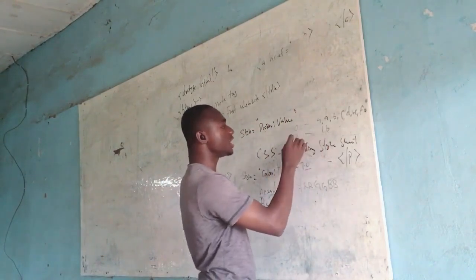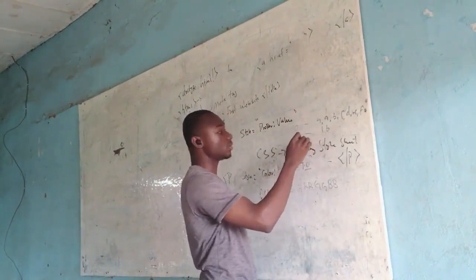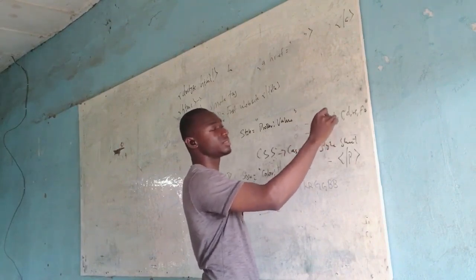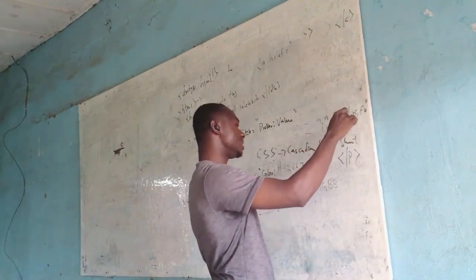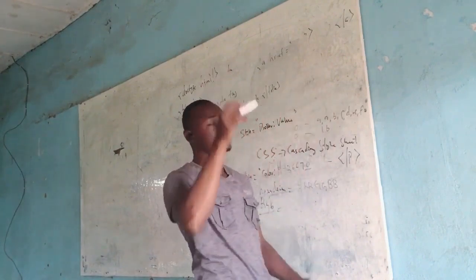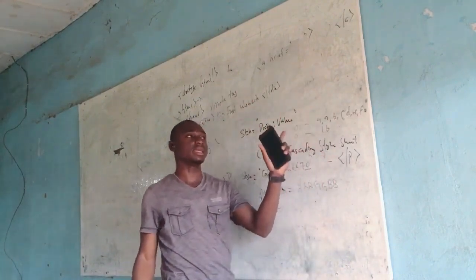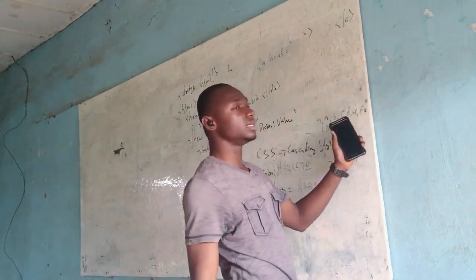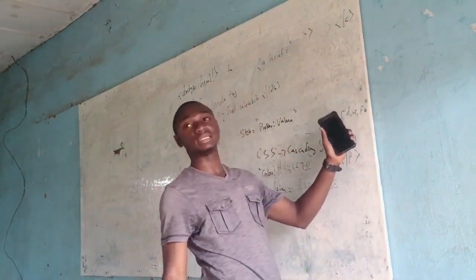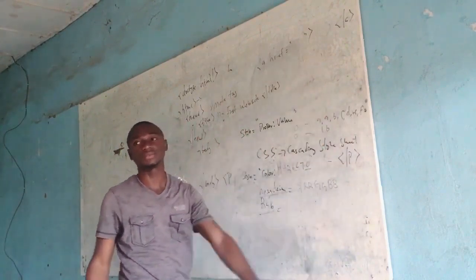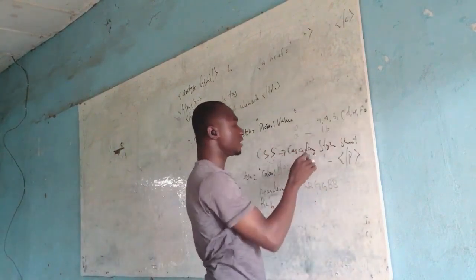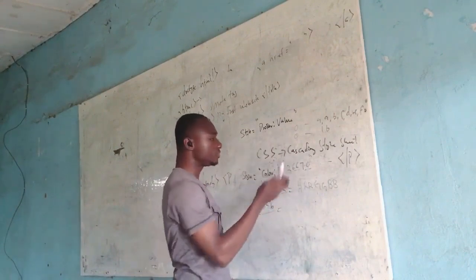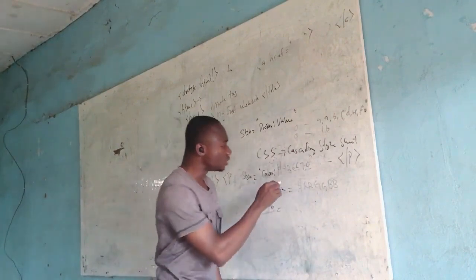So, 0 is less than 1, 1 is less than 2, 2 is less than 3, 3 is less than 4, 4 is less than 5, 5 is less than 6, 6 is less than 7, 7 is less than 8, 8 less than 9, 9 less than A, A less than B, B less than C, C less than D, D less than E, and E less than what? F. So F is the highest, while 0 is the what? The lowest color value.